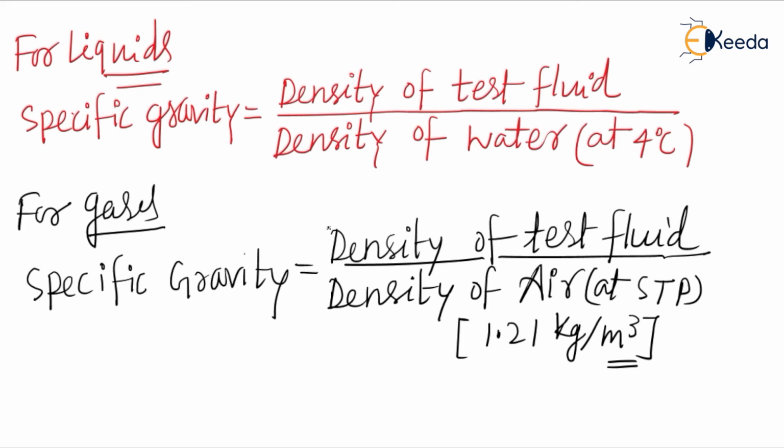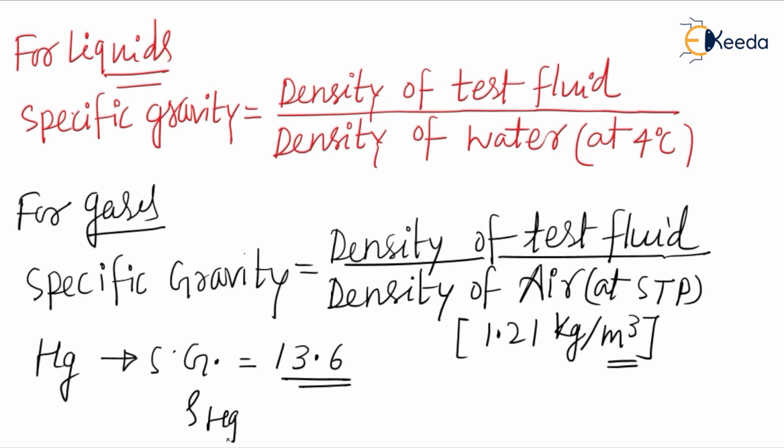So I hope you understand this. Now this can be given for various fluids like Hg. We talk about mercury. For mercury, specific gravity is given as 13.6. So if we want to know the actual density of mercury, rho Hg, we just need to multiply this 13.6 into 1000.